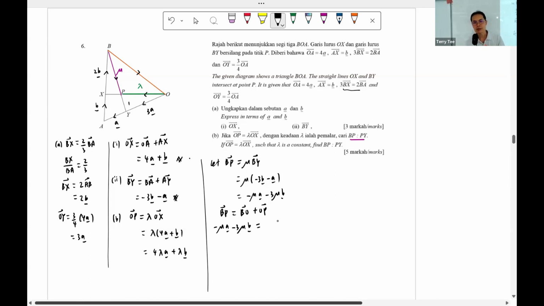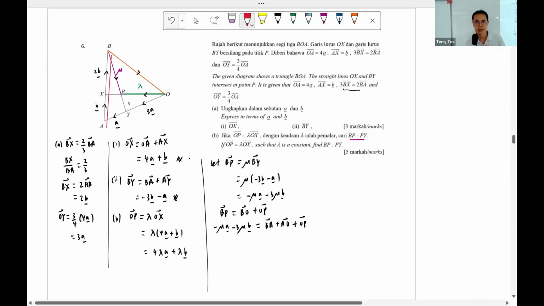BO is, how do you find BO? BO is BA plus AO and then OP. BA we know, right? BA is this one, guys. Negative 3B, then negative 4A. Yeah, negative because it's going in the opposite direction.